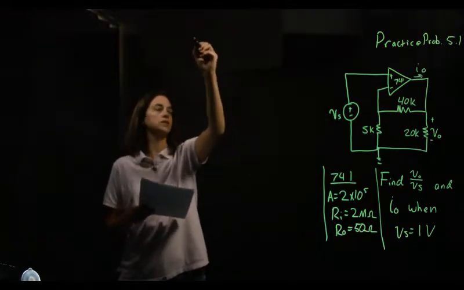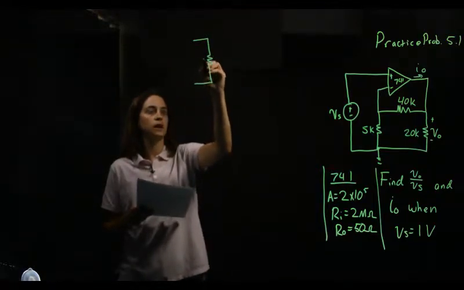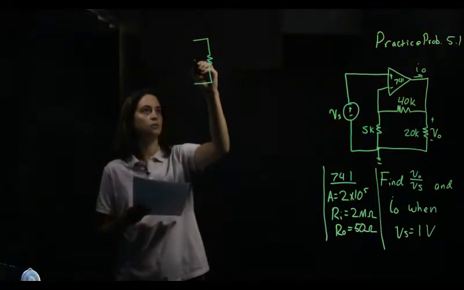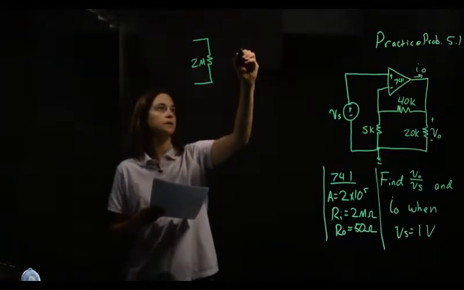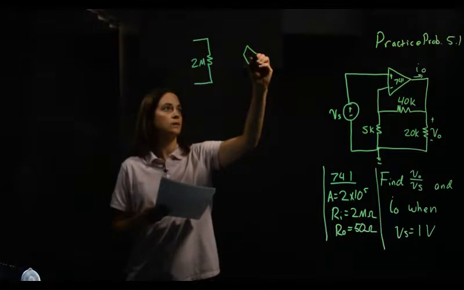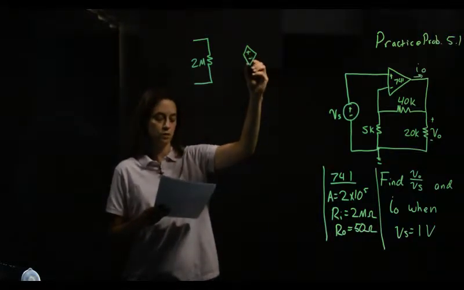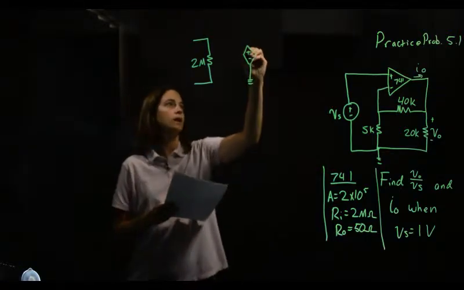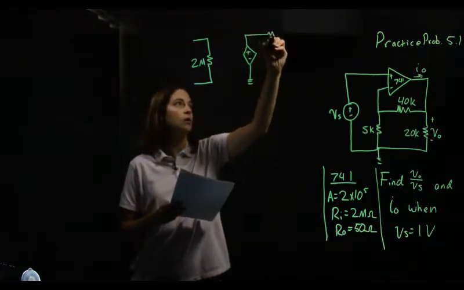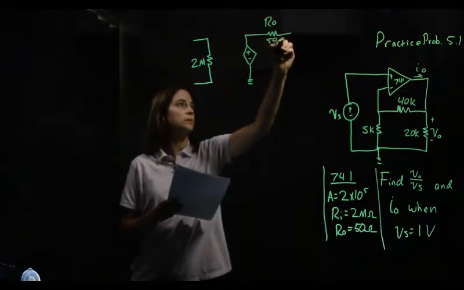So our equivalent circuit for an op amp looks like this. You have your RI. RI here is 2 meg. Then you have your voltage dependent or voltage controlled voltage source. This goes to ground. And then you have your RO, which is 50 ohms.